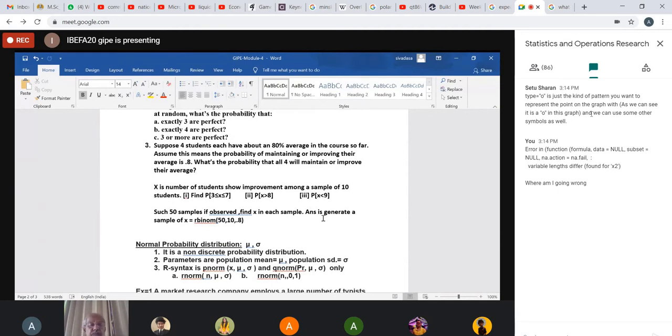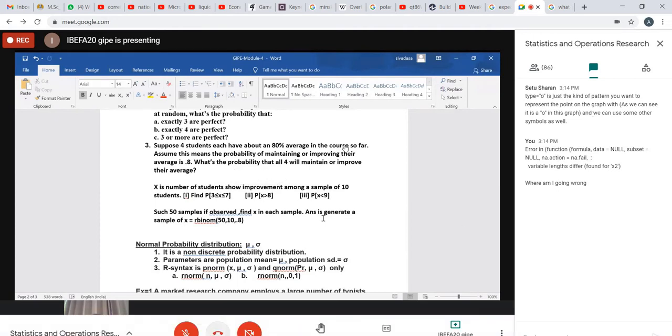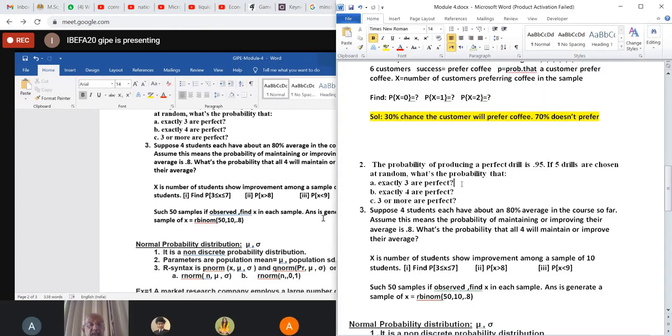Assume this means the probability of maintaining or improving their average is 0.8.